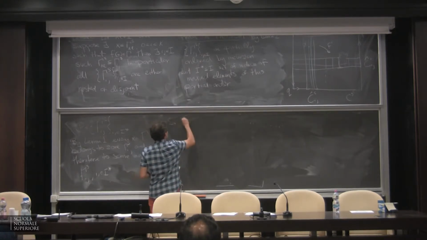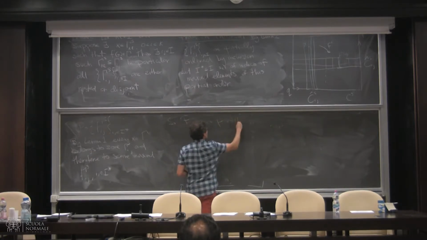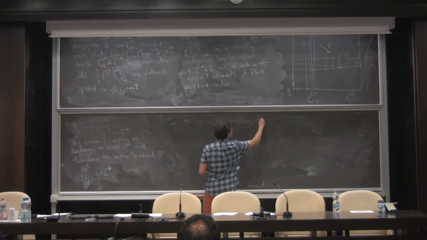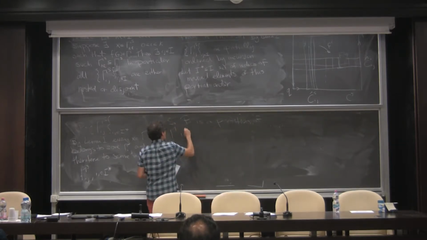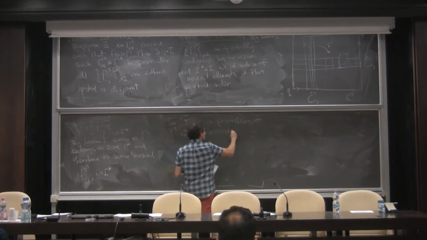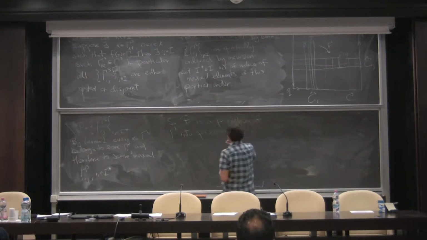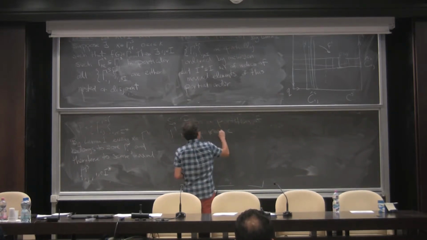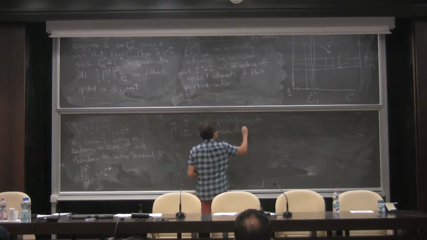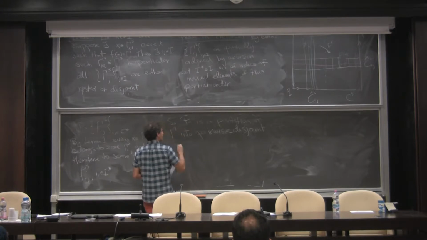So P is a partition of gamma into pairwise disjoint S subsets.